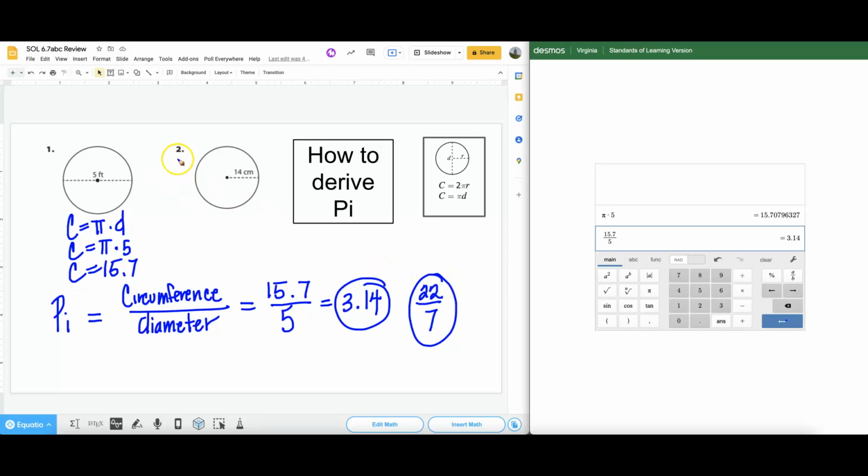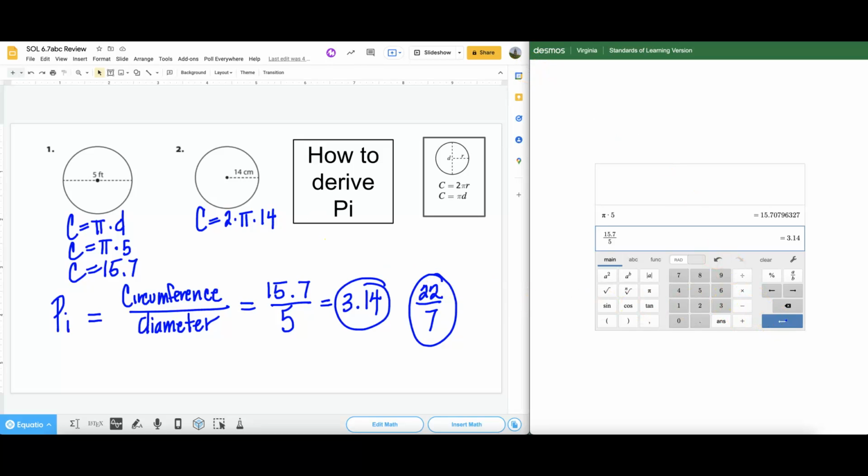So let's look at number 2, because number 2, they do not give us the diameter. They give us the radius. So again, the very first thing we have to do is find the circumference. Since they gave us the radius, we're going to use this top equation. We will use 2 times pi times 14, which is the radius.